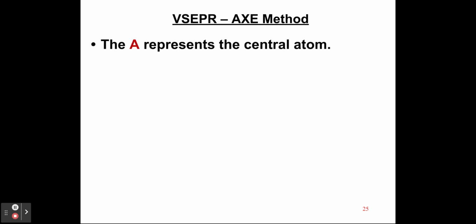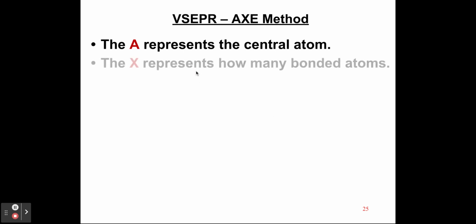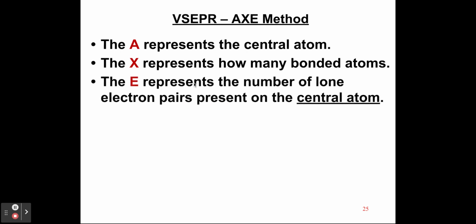This is a table of the different molecule shapes. So if you see AXE, it means A represents our central atom, X represents the bonded atoms. So we have different bonded atoms. And then your E is going to represent the number of lone pair electrons, or electron lone pairs, present on the central atom.